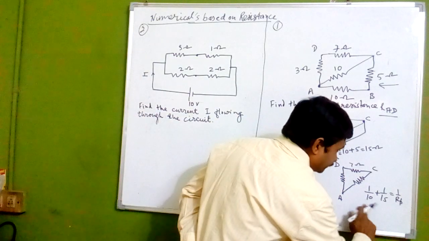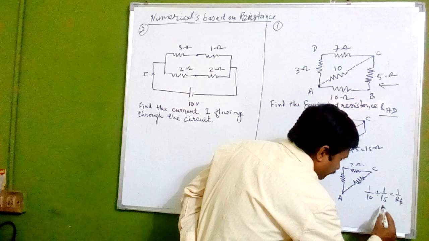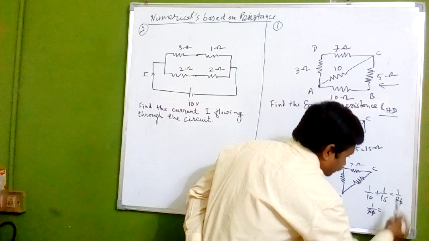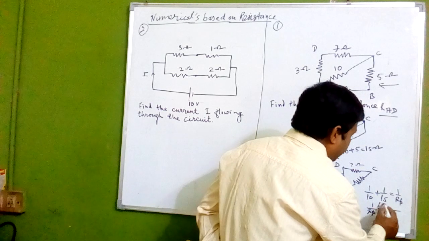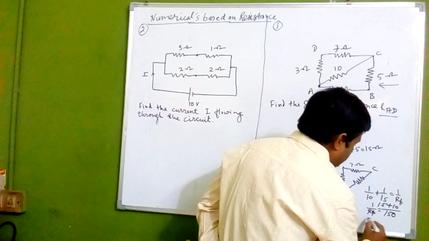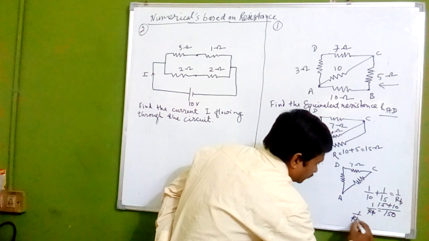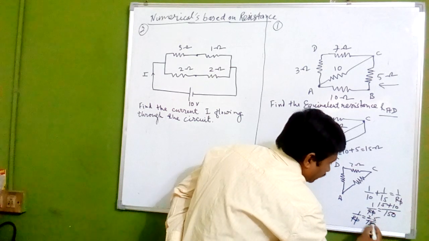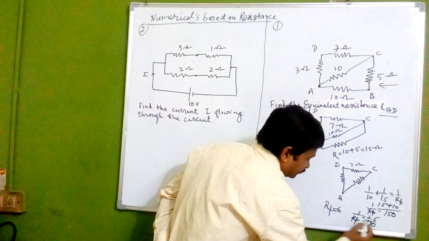Now we can have 1 upon Rp is equal to, we can directly take 150, so 15 plus 10 means it is going to be 1 upon Rp, which is equal to 25 upon 150, so Rp is equal to 6 ohm.